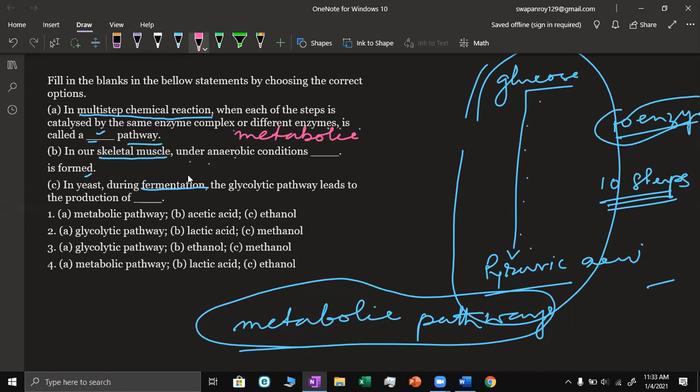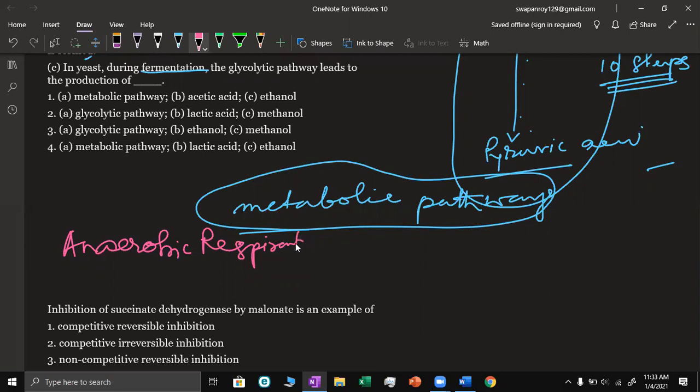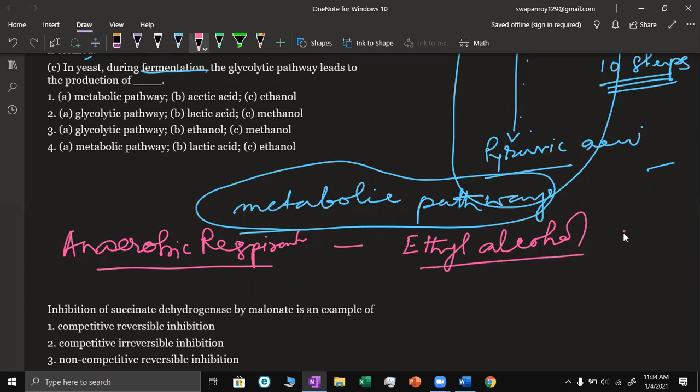In the skeletal muscle under anaerobic condition, anaerobic respiration. In anaerobic respiration, what is the end product? Normally, the end product is ethyl alcohol, ethyl alcohol and carbon dioxide.